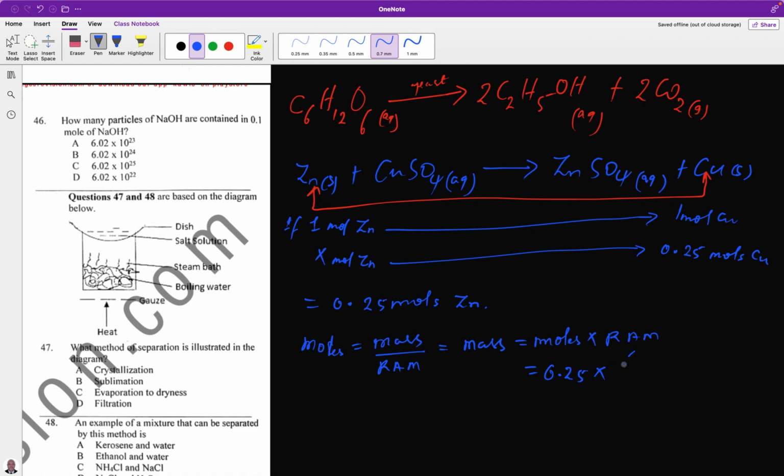So now if we multiply this, we will have 16.25 grams of zinc.